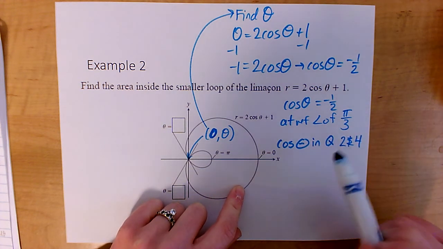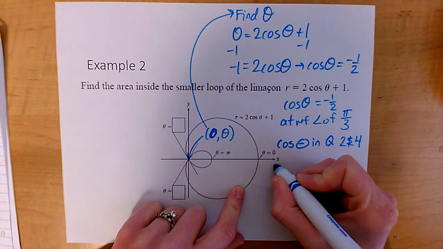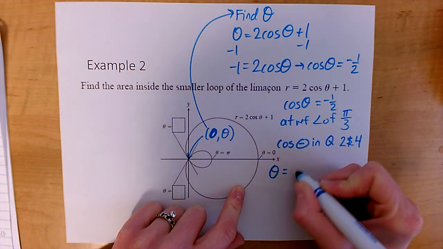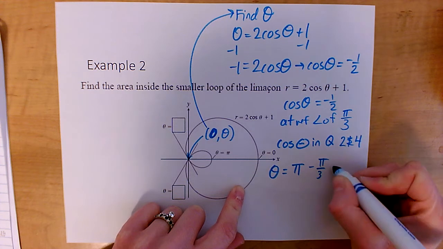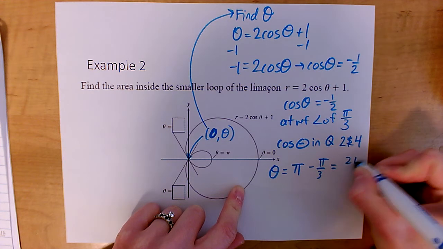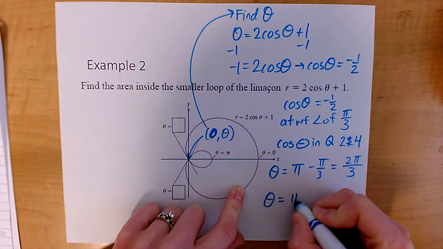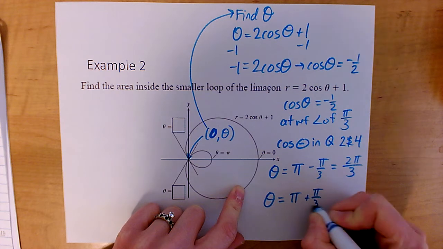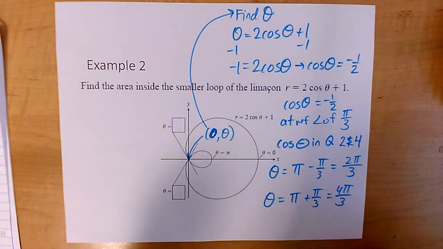Okay, so in quadrants 2 and 4, and so if we have a reference angle of pi over 3, we're going to say that theta is going to be pi minus pi over 3, which is 2 pi over 3, and theta is going to be pi plus pi over 3, which is 4 pi over 3.